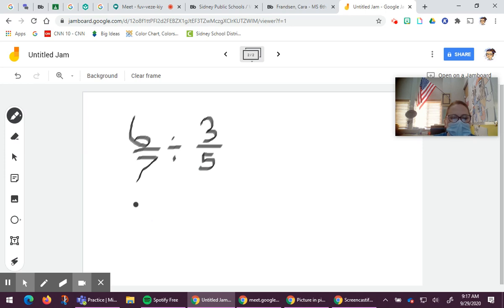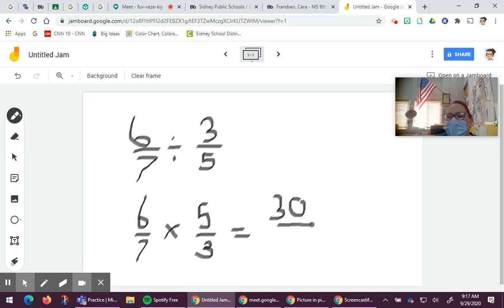It's always the second one. So I have 6/7, and it's being divided by this number, 3/5. The divisor is always the number you flip, the second number in a division problem when it's written like this. So I just flipped that 3/5 and now it's 5/3. Now I'm ready to multiply. Now I have 30.